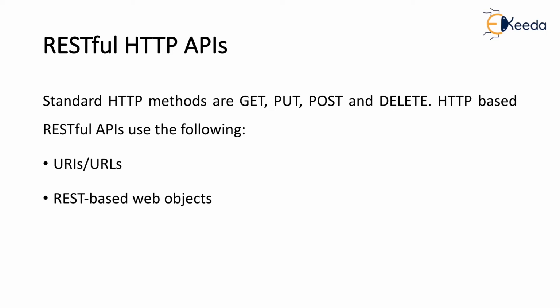Next, REST-based web objects typically communicate, but not always, over HTTP. The World Wide Web itself represents the largest implementation of a system conforming to the REST architectural style. A RESTful HTTP system communicates over HTTP and uses verbs, the same as HTTP commands, like get, post, put and delete.